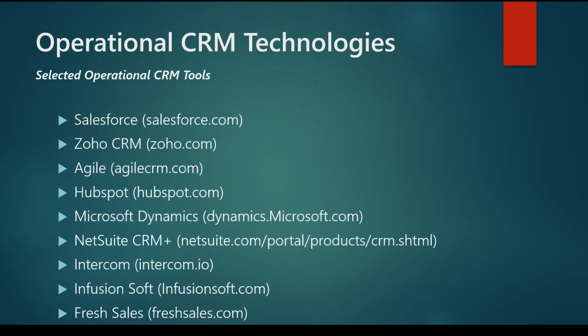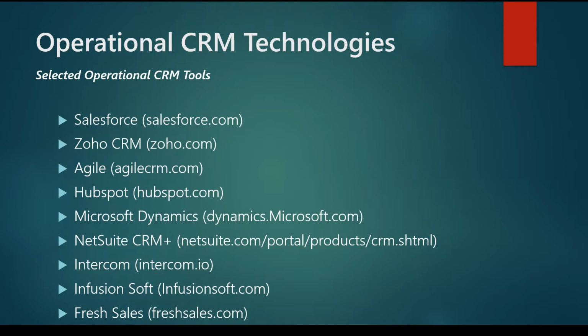Examples of operational CRM technologies are Salesforce.com, Zoho CRM, Agile, HubSpot, Microsoft Dynamics, NetSuite CRM, Intercom, Infusionsoft, and Freshsales. There are many, many CRM tools, and they all have different price points and different functions and features based on where their roots are in CRM operational technologies.